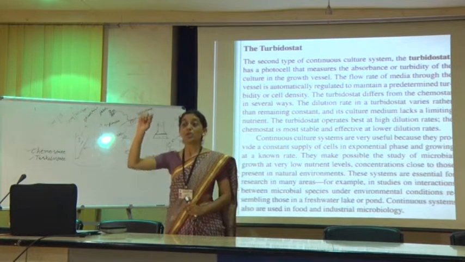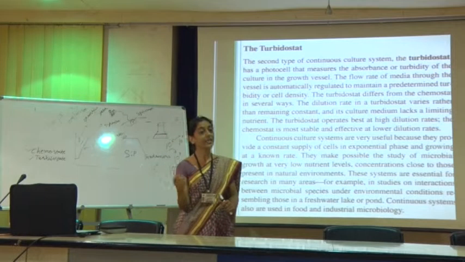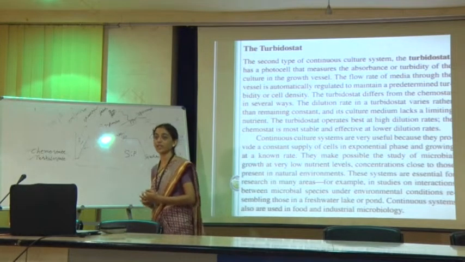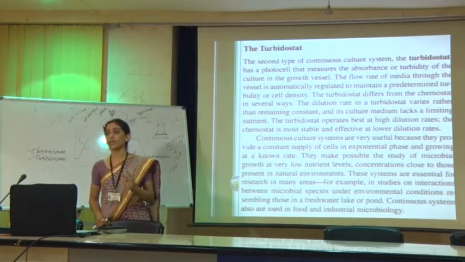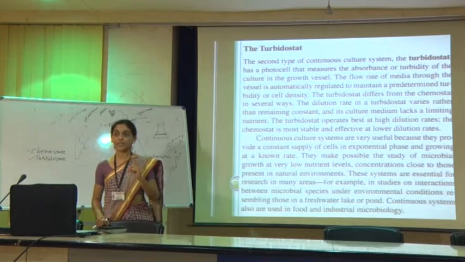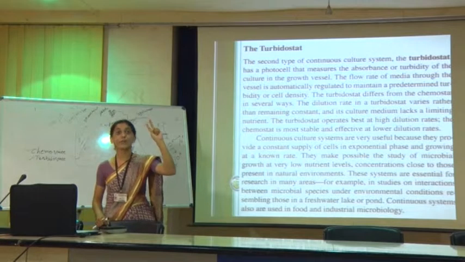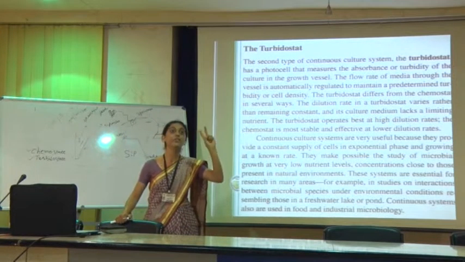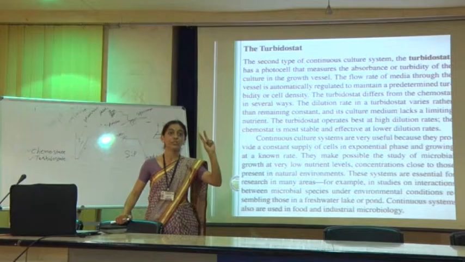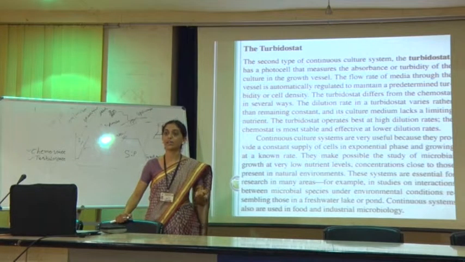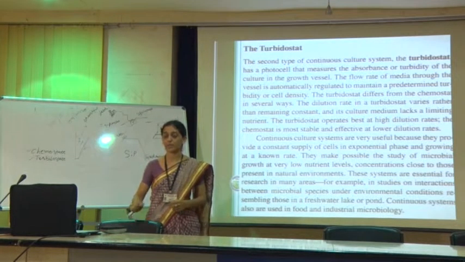Phases of the organism are affected, right. So in a turbidostat state as well as in the chemostat state, there are two major important parts, one is contamination and second is the environmental condition that you need to maintain, otherwise it will adversely affect the phases of the organism, right.